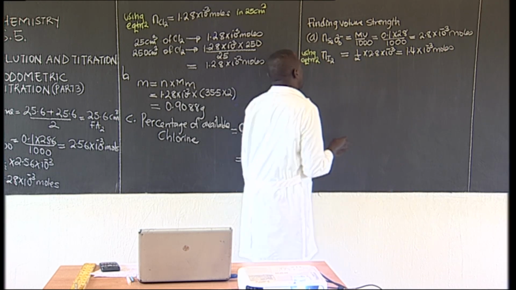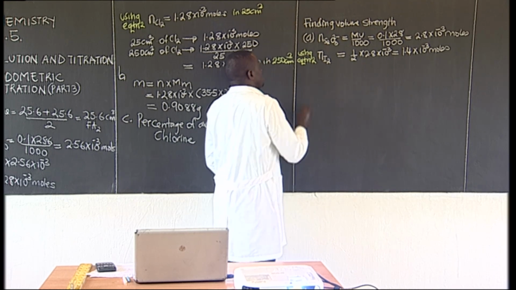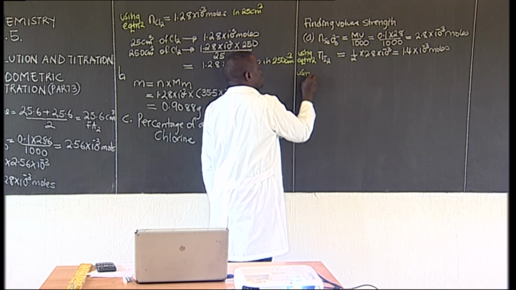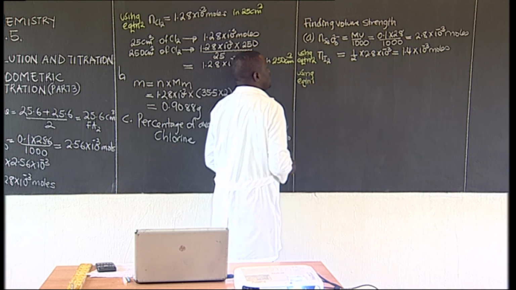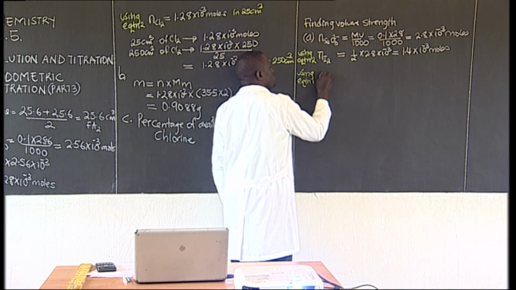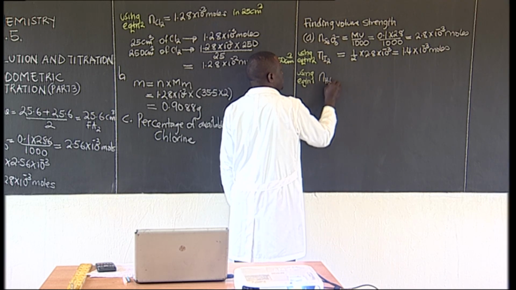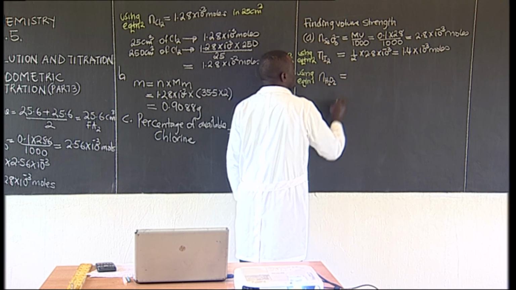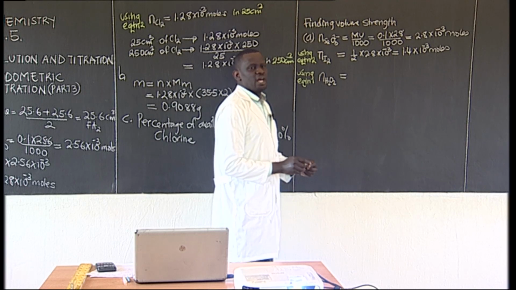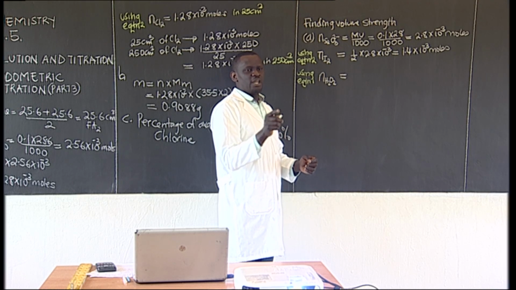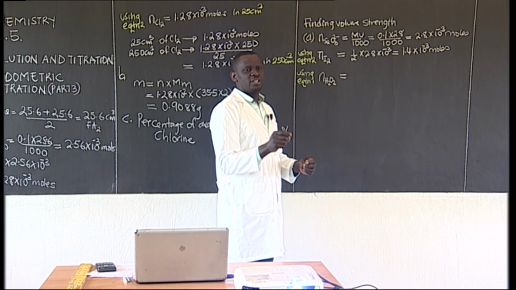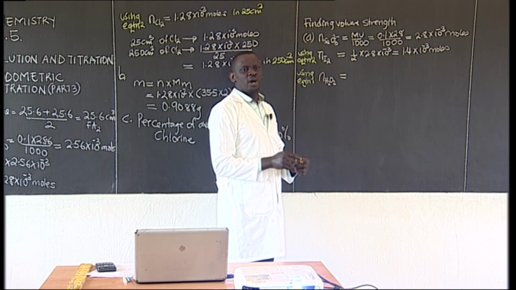Then we try to find, using equation 1, the number of moles of the peroxide. From this equation, you'll observe that 1 mole of hydrogen peroxide produces 1 mole of iodine.